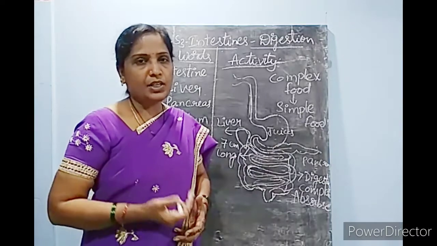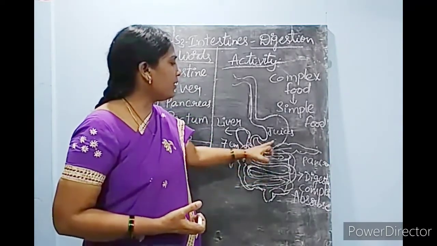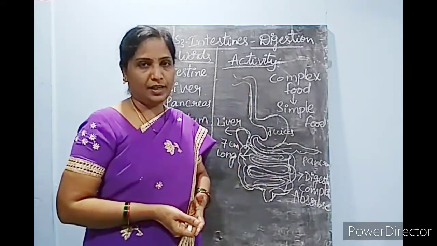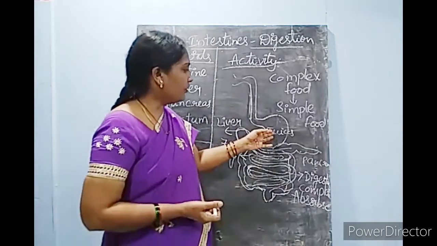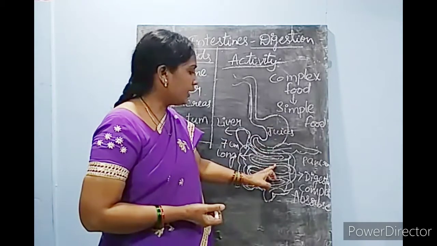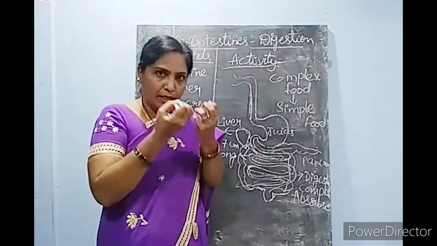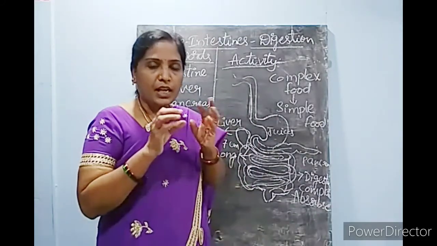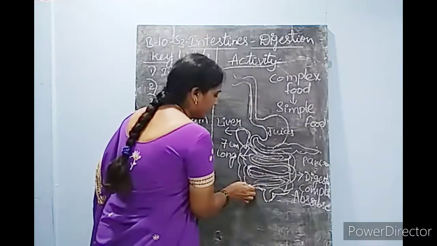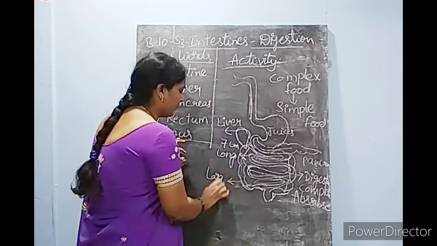But when you are feeling indigestion, that time the same food will come back through the food pipe and through the mouth outside. Normally that semi-liquid, watery food will enter into the small intestine and there the digestion completes and absorption also takes place. Now if any undigested food is there, along with some water, it enters into the large intestine.